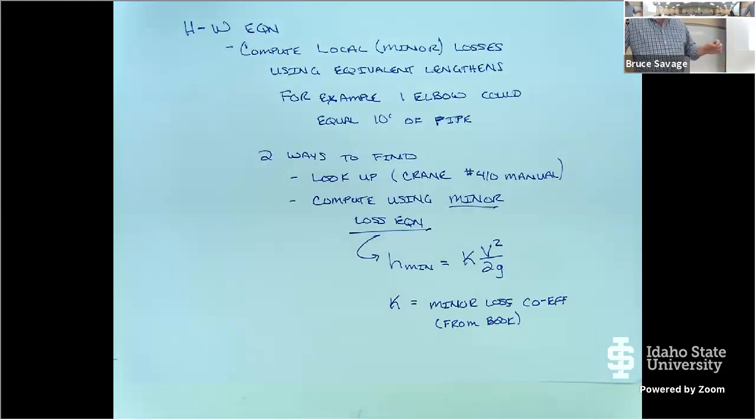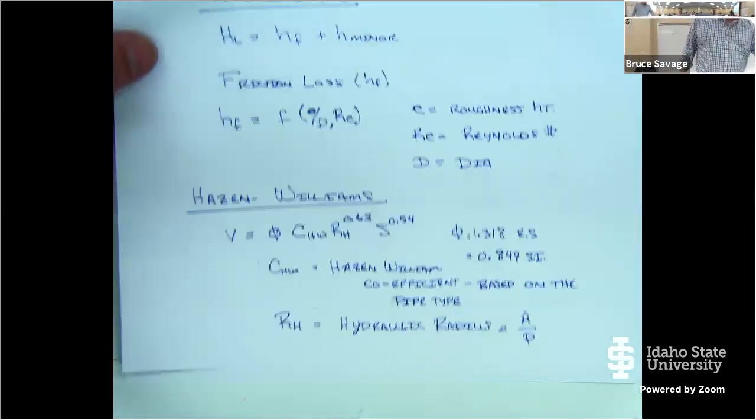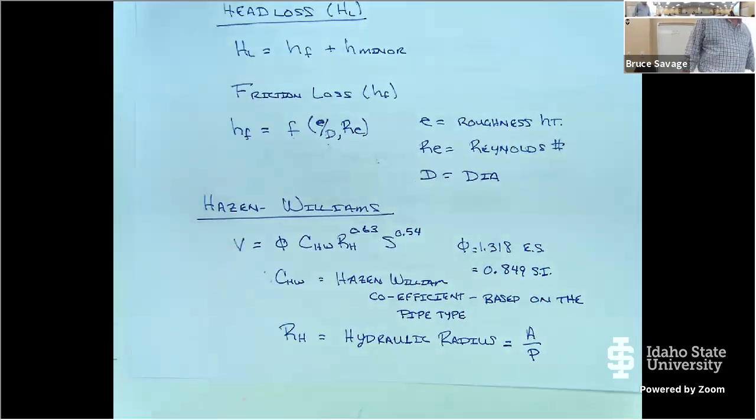Okay. Now, the one thing we haven't covered yet with Hazen-Williams is we've talked about the velocity being calculated right there. But oftentimes we don't care so much about the velocity, we want to know more about the flow rate. So what's the correlation between the flow rate and the velocity? There you go.